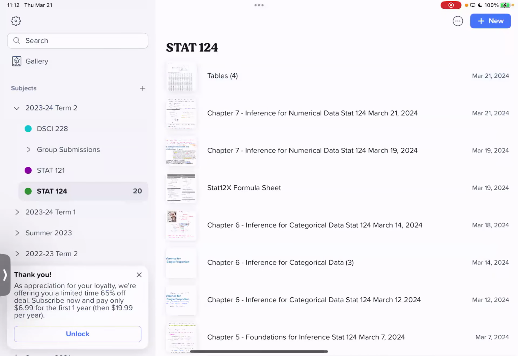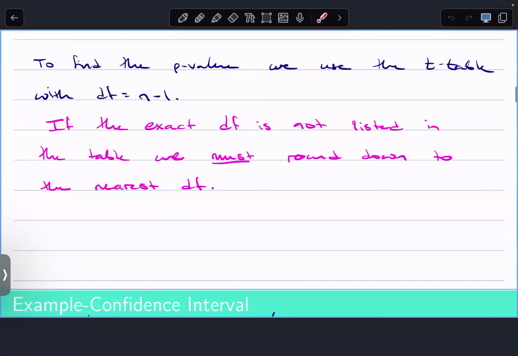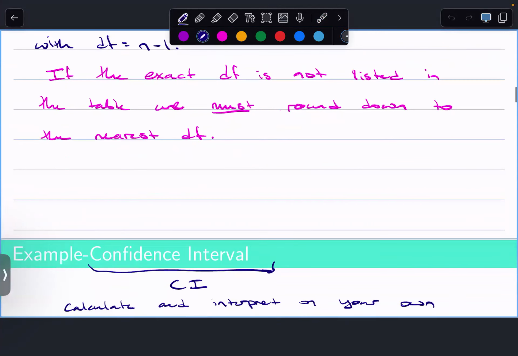Then, once you have your p-value, you're off to the races, right? That conclusion. So then the p-value, the one-sided or the two-sided p-value, let's just recap our conclusion just briefly.